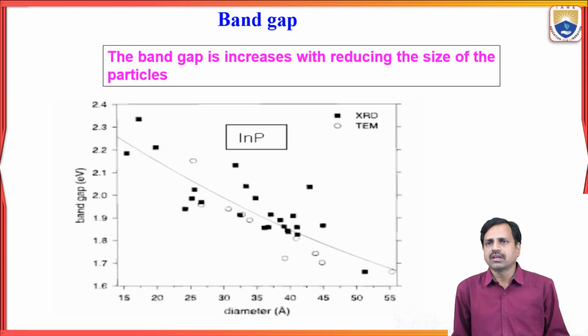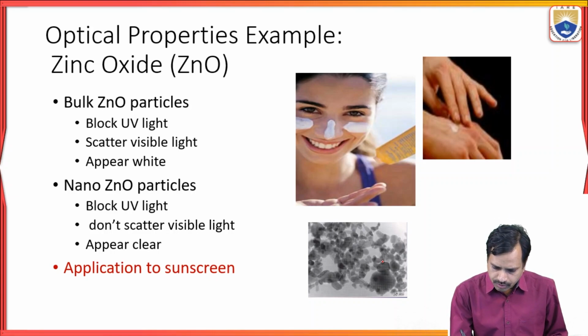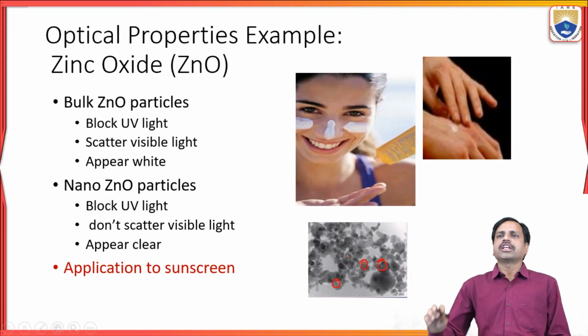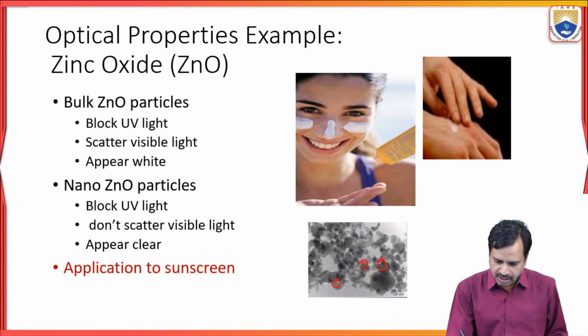So we can see this picture. This picture is a TEM picture. You can see the scale written here. This round particle which you are seeing is one particle, and this is one particle, and this is one particle. So these are images of TEM, transmission electron microscopy.